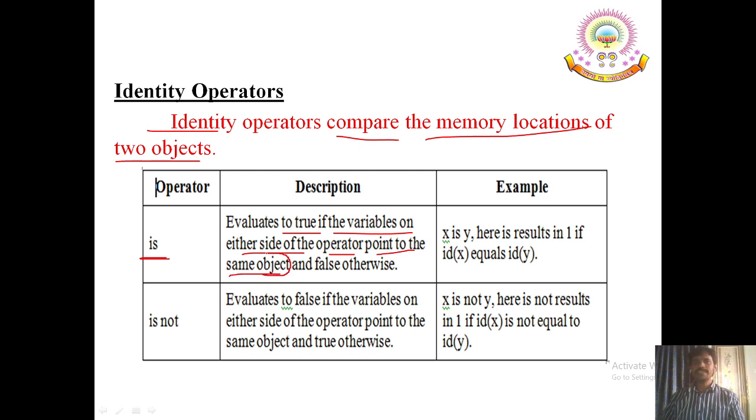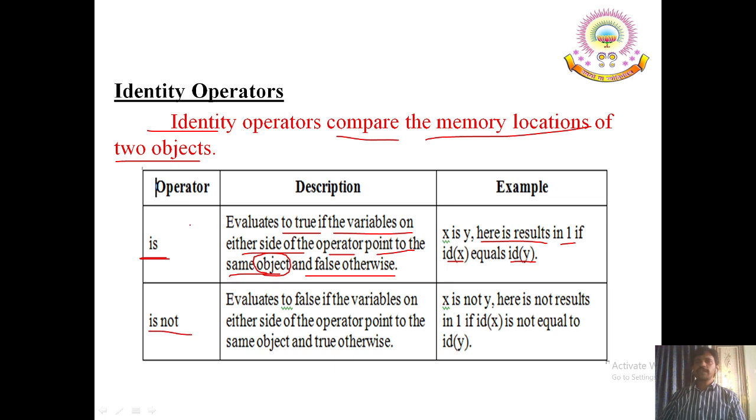Here object means same data type, and false otherwise. Suppose x and y are of type integer, then x is y results in 1 if both id of x and id of y are of integer or the same type.